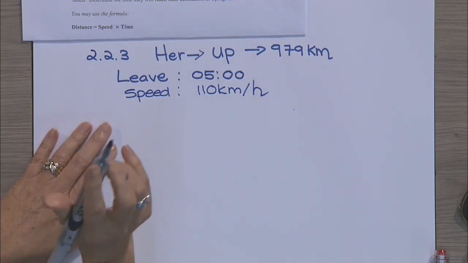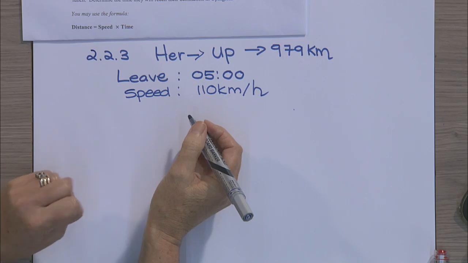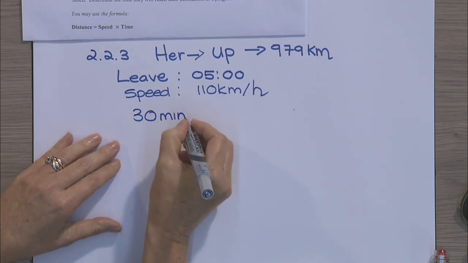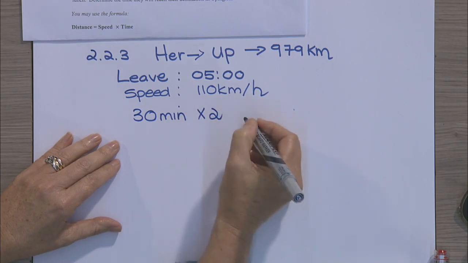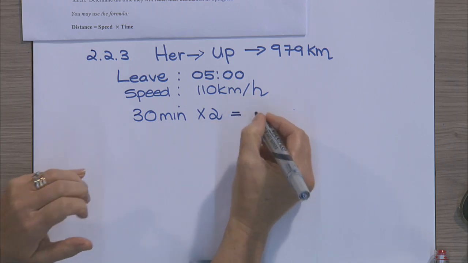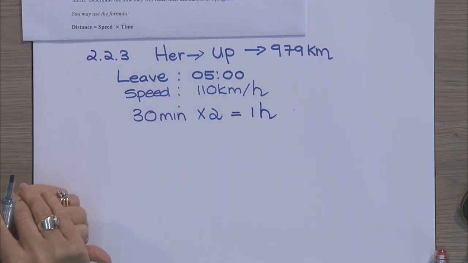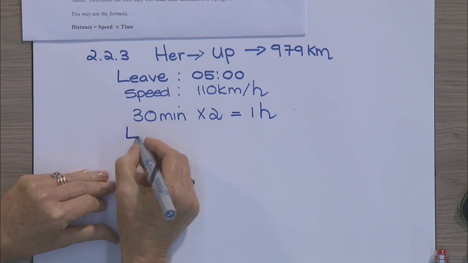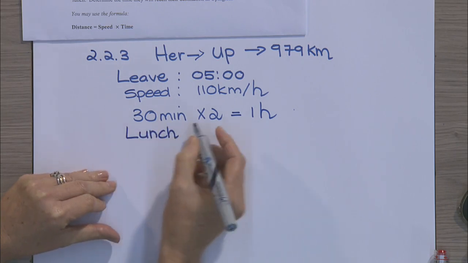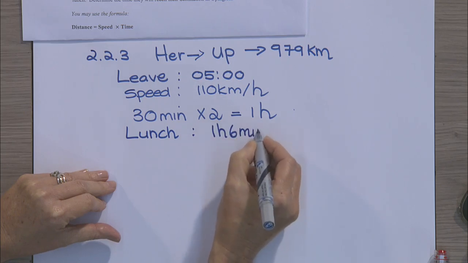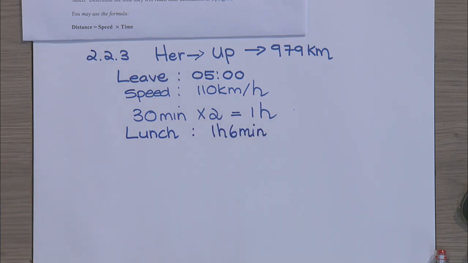Then we are stopping twice, 30 minutes times 2, to fill the petrol tank, which is 1 hour. And then lunch will be 1 hour and 6 minutes. They are all very important information.